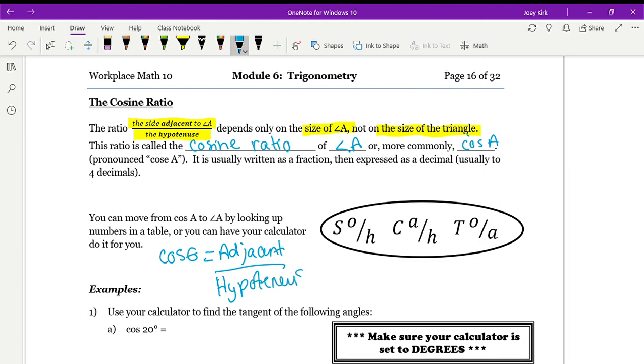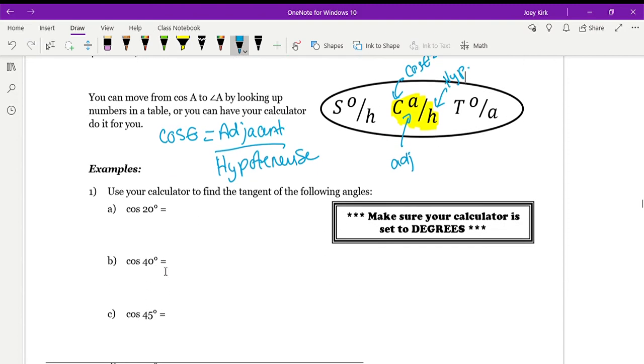That's our last one, where this is the cos. This is the adjacent, so cos of the angle equals the adjacent divided by the hypotenuse. Again, we're looking just at the size of that ratio, or the value for that ratio.